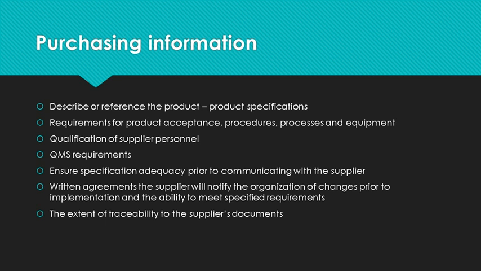If the supplier personnel can have a significant impact on the product, qualifications of the personnel are defined. Now, for example, you're buying a product that's welded at the supplier. You may need to have the supplier's welder meet certain certification criteria. If you set up specific requirements for the supplier's quality management system, such as maintaining ISO certification, that needs to be part of the purchasing information.